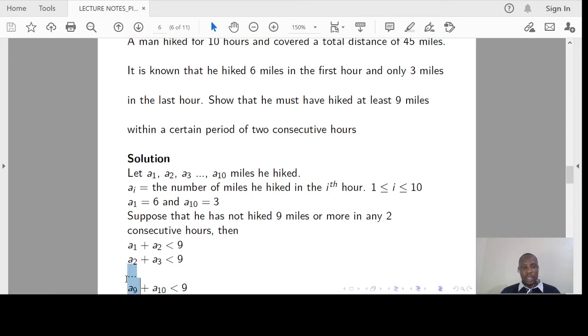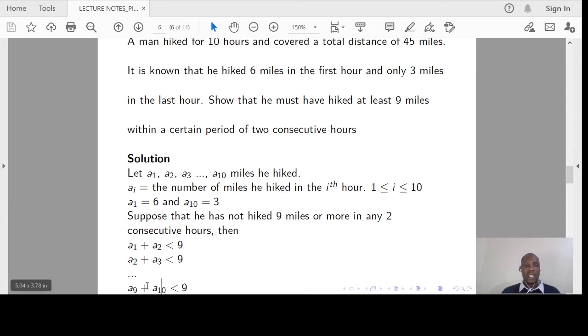This shows that the process continues, because in the first inequality, A1 plus A2 is less than 9. A2 is being repeated plus A3. A3 will also be repeated plus A4. A4 will be repeated all the way to A8 plus A subscript 9. So A subscript 9 is also repeated on the last inequality. And therefore, A2 all the way to A9 are recorded twice, and A1 and A10 are recorded once.